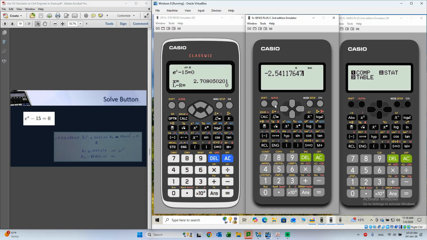47, let's say I have x squared, so I write alpha x squared, then plus 22230 alpha x again, remember, minus 383 times 10 to the power 6, then equal to 0.